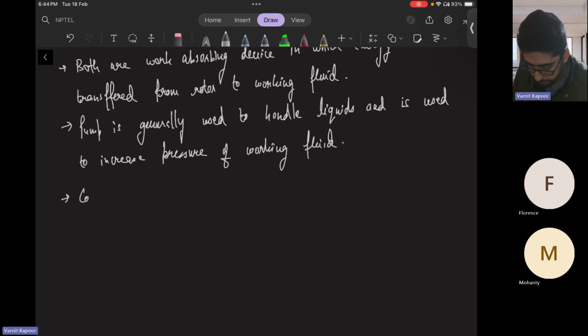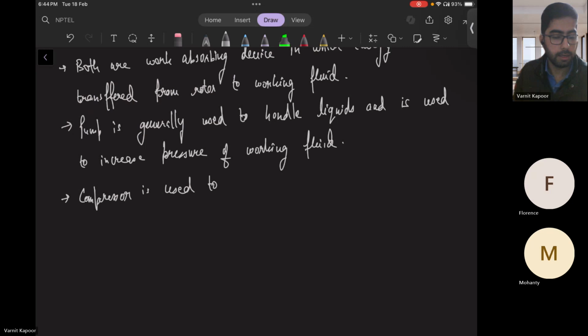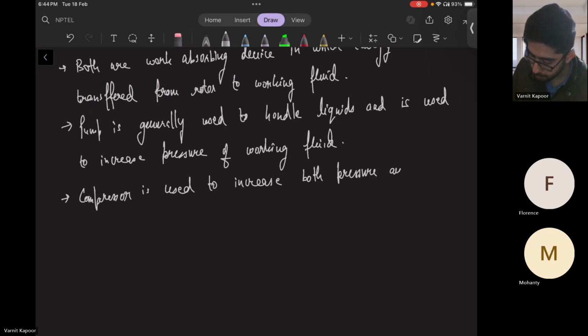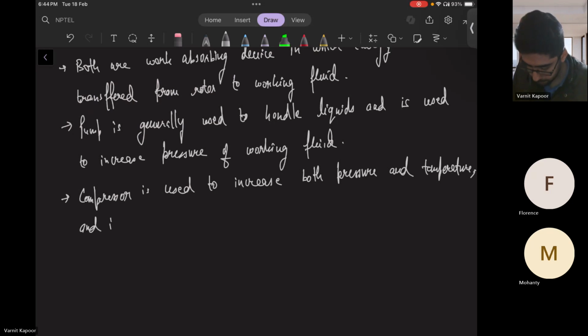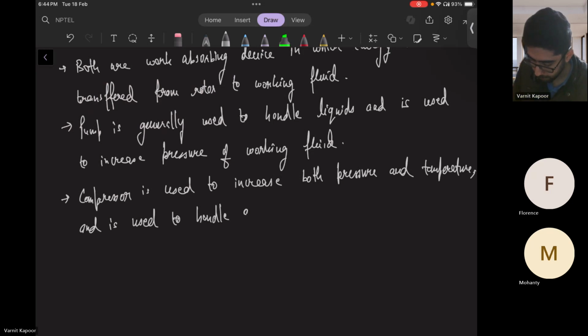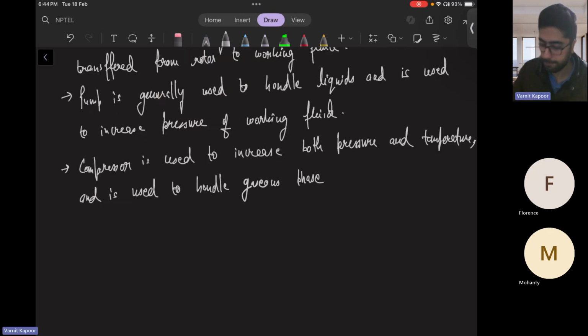Whereas a compressor is used to increase both pressure and temperature, and is used to handle the gaseous phase of the working fluid. All right.